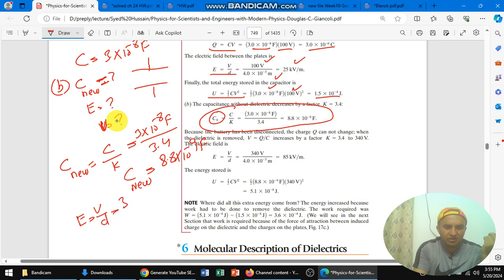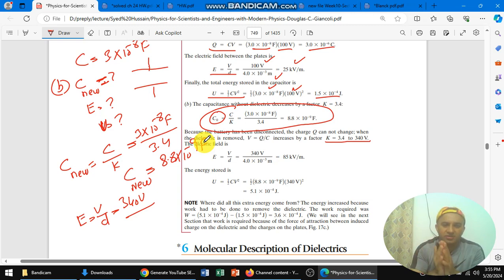The V is 340 volt. In the previous case V is 100 volt, but now V is 340 volt. How is it 340 volt? Because we know that V is equal to Q over C, so the voltage increases by a factor of 3.4.